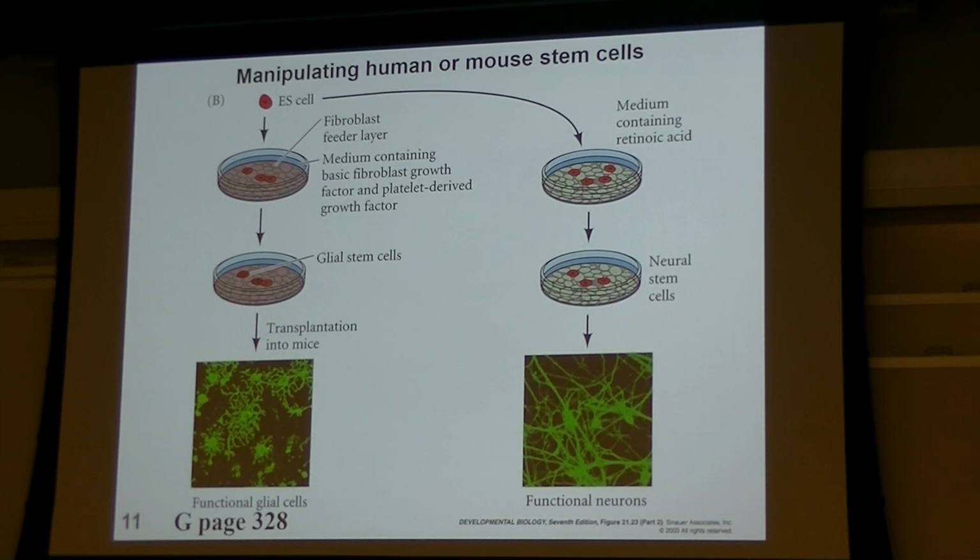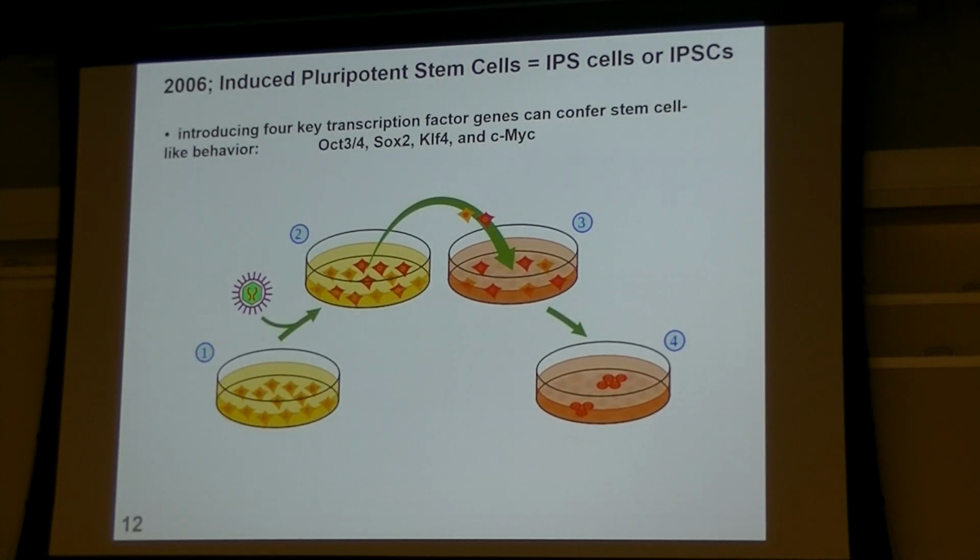So embryonic stem cells were all the rage until about 2006 and beyond, when it was discovered that we could make something called induced pluripotent stem cells. And what this involved was, surprisingly, to my mind, surprisingly simple.